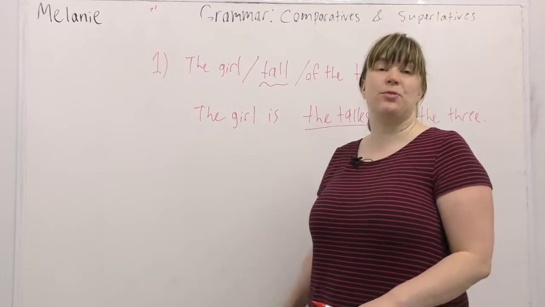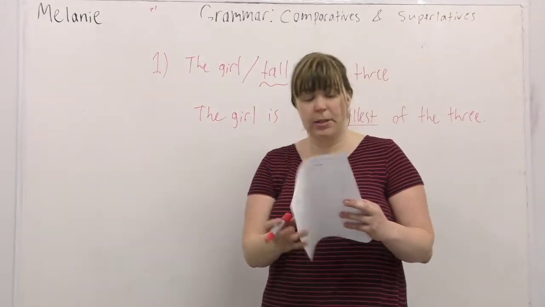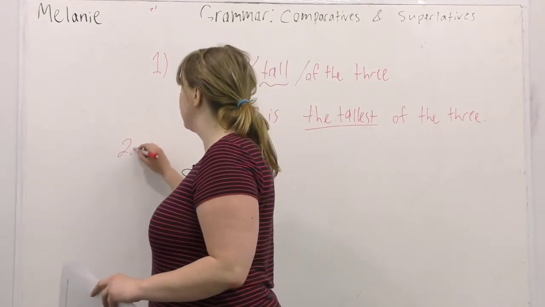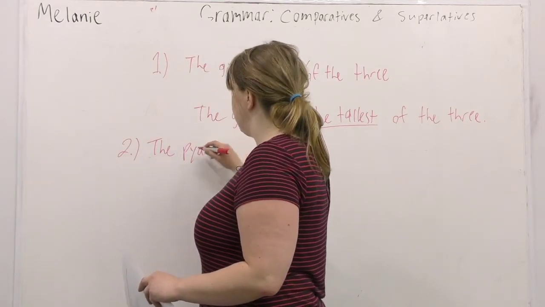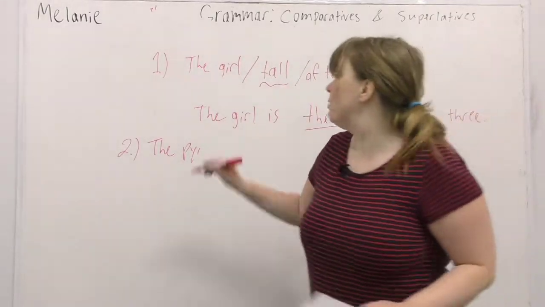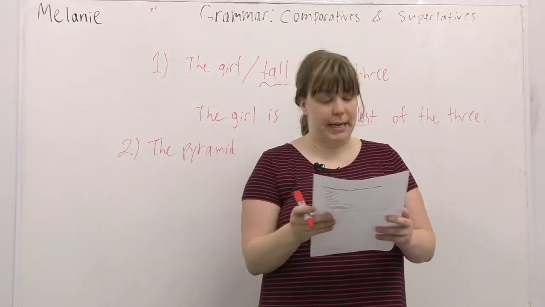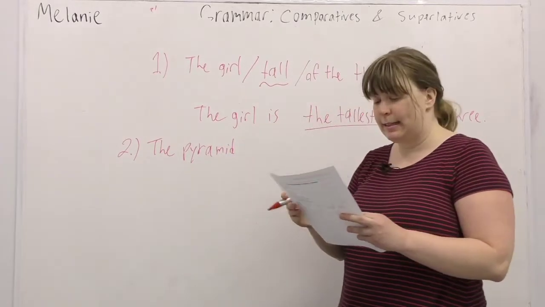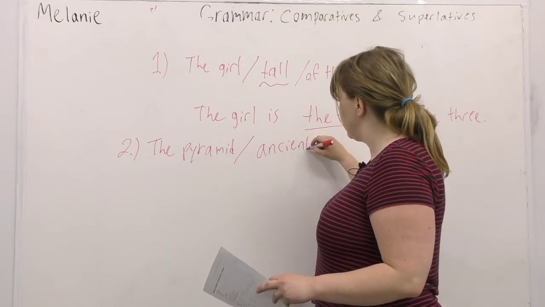Okay, so that is what we have to do. All right, are you guys ready? Let's give it a try. Actually, I'll leave number 1 up there. Number 2, the pyramid. That is not how I spell pyramid. Pyramid, pardon me. The pyramid. Slash. Ancient.